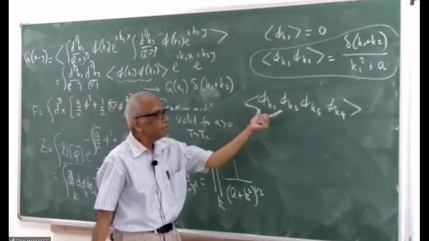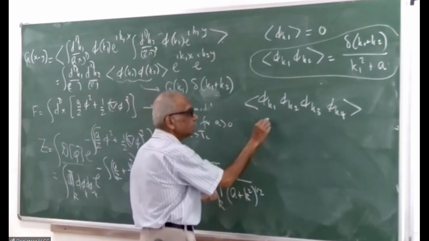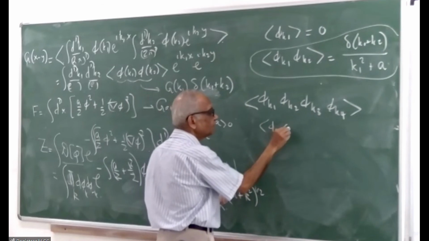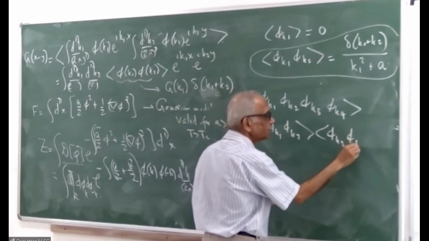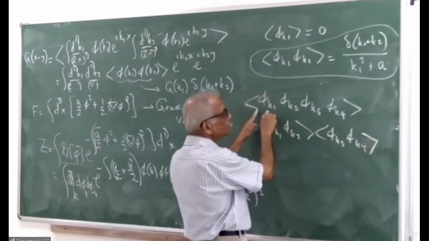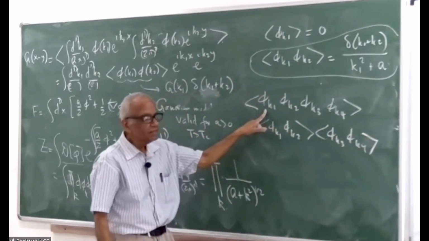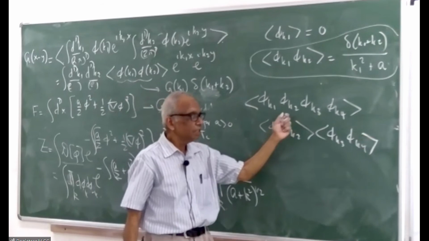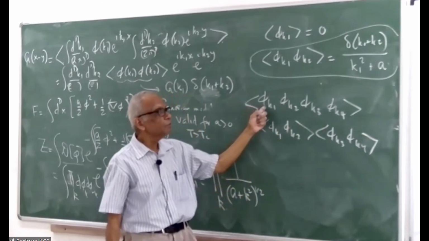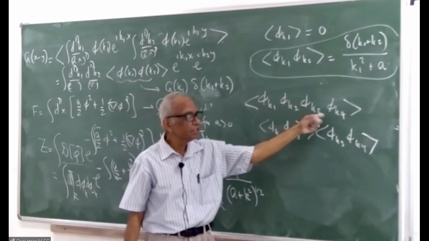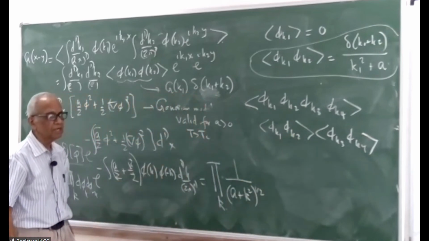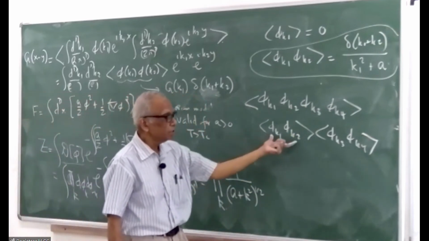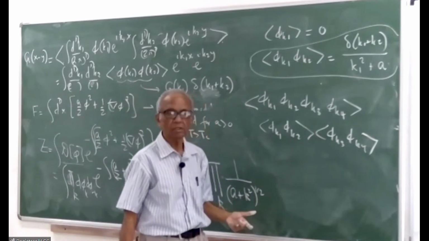You can either get phi k1 phi k2 times phi k3 phi k4, or this goes with this, or this goes with that, and accordingly it breaks up into 2 products.